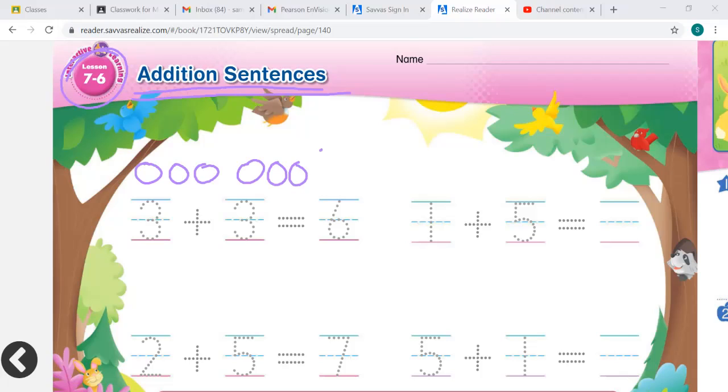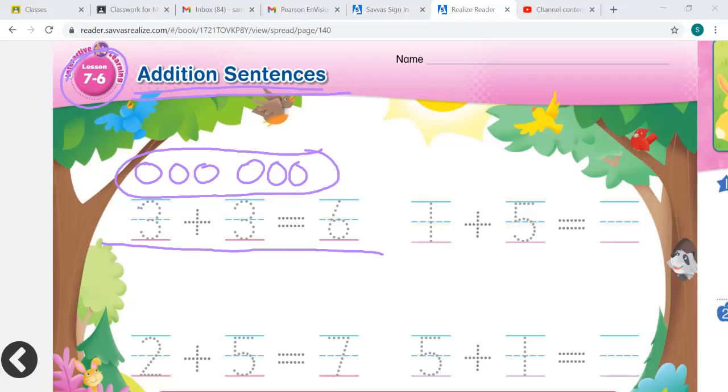So what numbers should we write in this addition sentence? We want to write numbers to show the groups that we are joining.